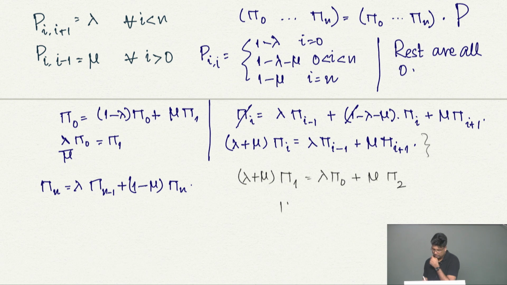I have pi 2 is nothing but, what is pi 1? It is lambda by mu times pi 0, times lambda plus mu, plus lambda times pi 0. So am I messing up the signs?